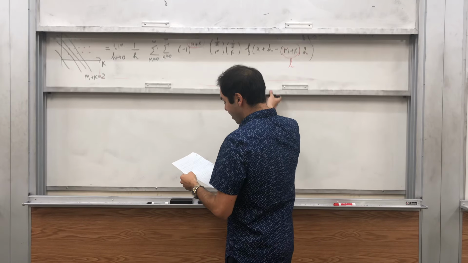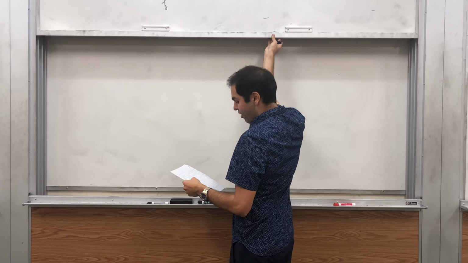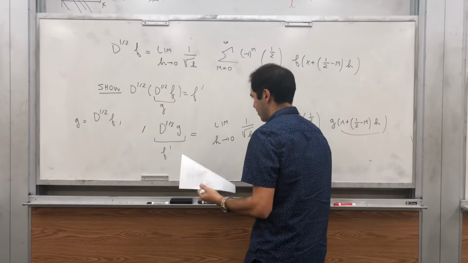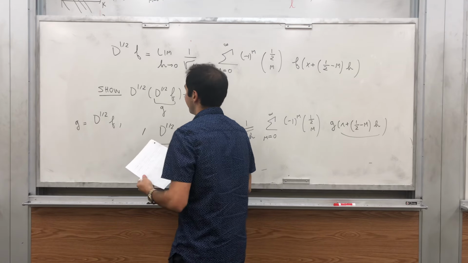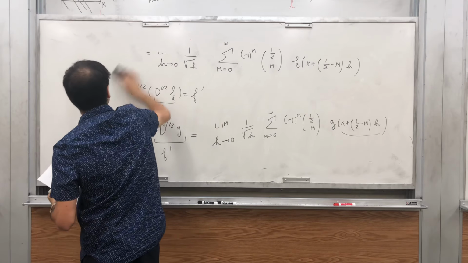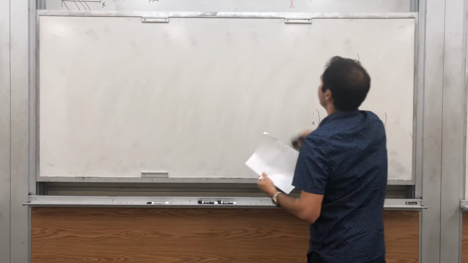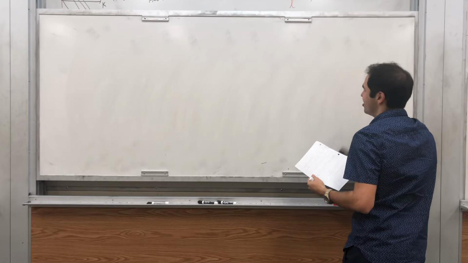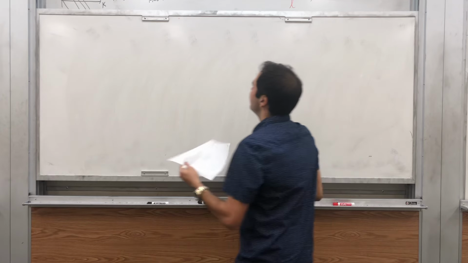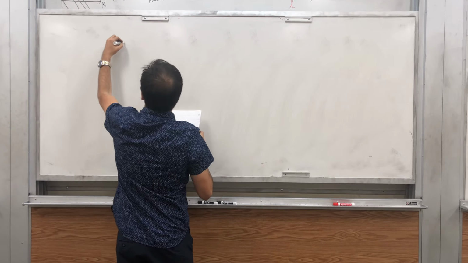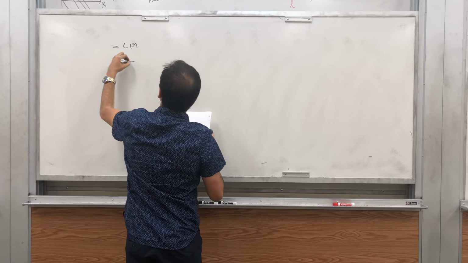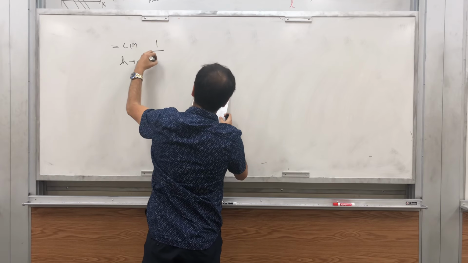So what this becomes is the following limit. Maybe almost done. There's just a little manipulation left, and then the justification. So it's the limit as h goes to 0 of 1 over h.